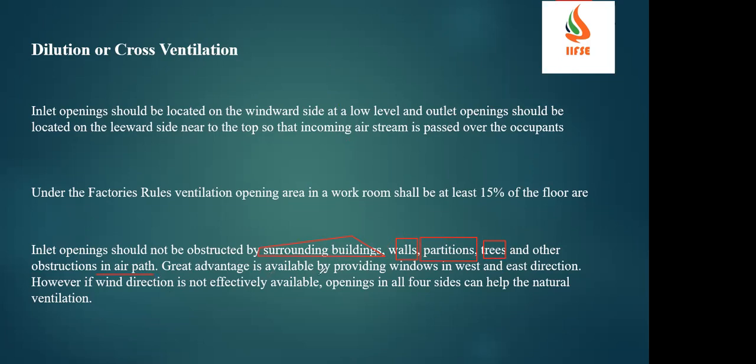A great advantage is available by providing windows in the west and east directions. However, if the wind direction is not effectively available, openings on all four sides can be helpful for natural ventilation. So we always look for ventilation in the west and east directions.